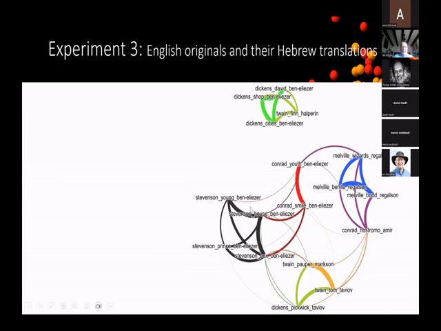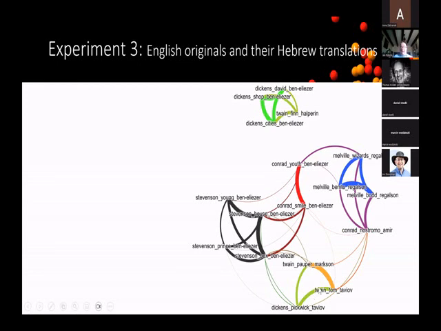I mean, Stevenson, the black cluster, we call it a community in network analysis, by Stevenson is pretty obvious, but then we cannot ignore the fact that we have Ben Eliezer here as the translator, so it might be a mixture of actually both.